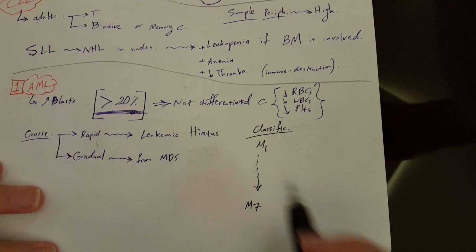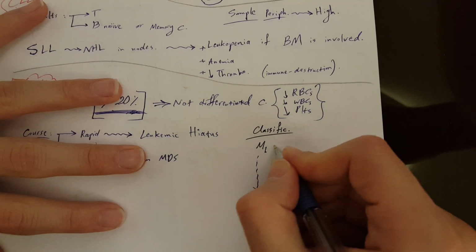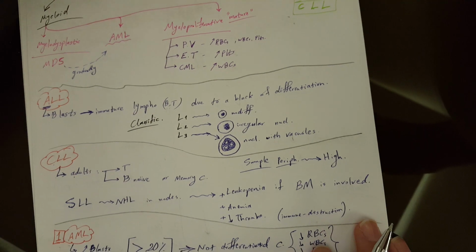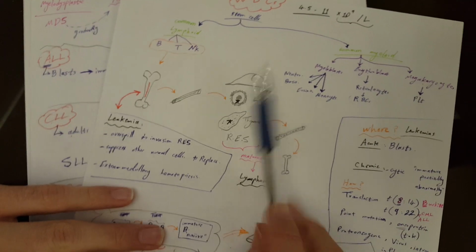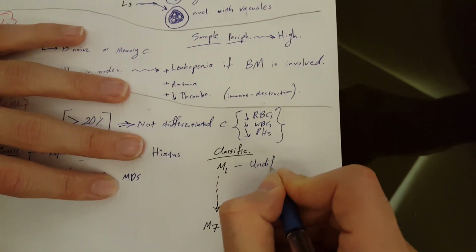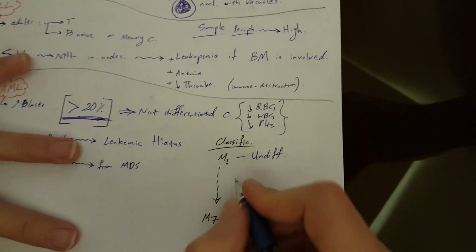So M1 is undifferentiated, meaning they're really blasts, the common progenitor, maybe the very first cells in the myeloblasts. So this one is undifferentiated.